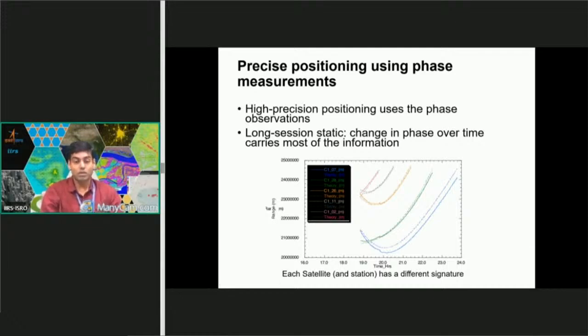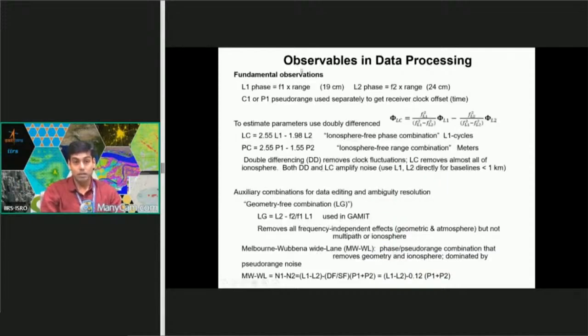With the help of this information, we go for error determination. And this is the observable which we need to apply in the model to correct the different errors.